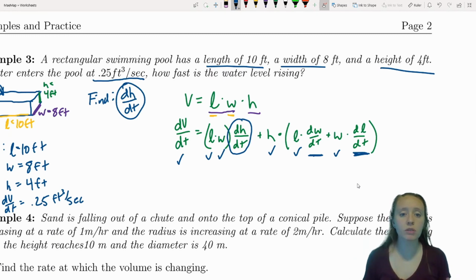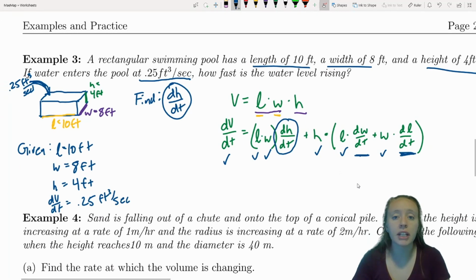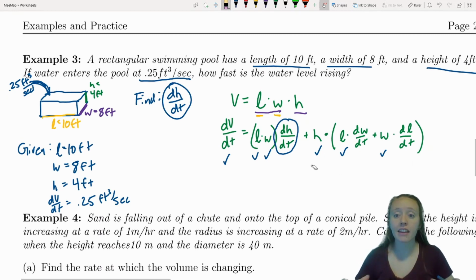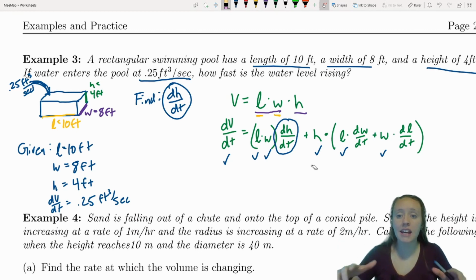We already know dW/dt and dL/dt even though it wasn't given as information, because what is the rate at which the length of my pool and the width of my pool are changing? If water is coming in and the sides of the pool are always constant, their rate of change is 0.